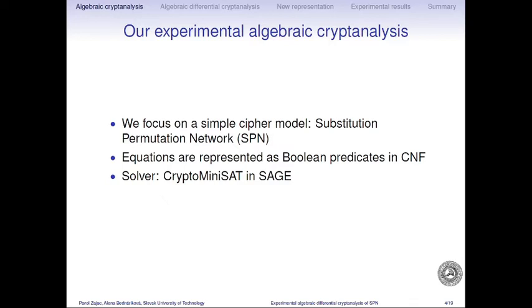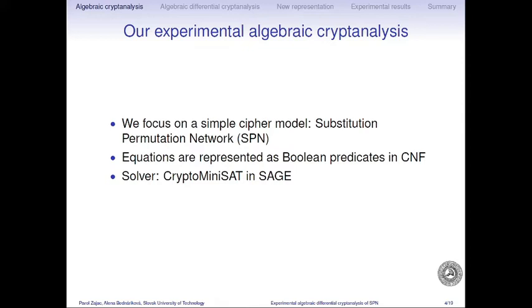Thus, in our experiments, we focus only on a simple cipher model, a small substitution permutation network, with equations represented as Boolean predicates in conjunctive normal form, CNF.